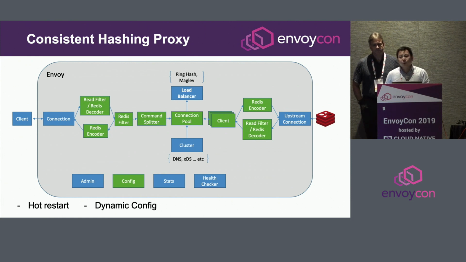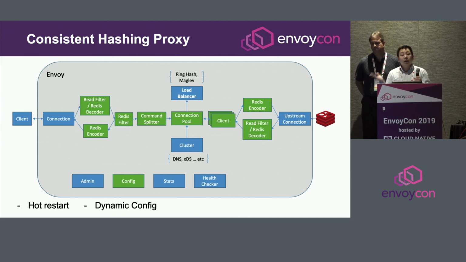So the first challenge we have for doing this proxy, and trying to create the illusion that instead of talking to a cluster of Redis nodes we are really only talking to a single Redis instance, is that we need to actually split the command. A single command can span multiple keys, and those keys are actually stored in different nodes.